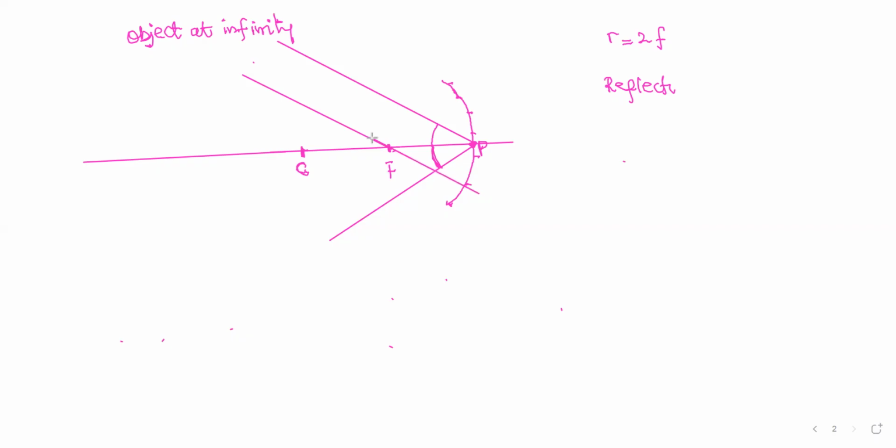And once the ray is passing through F, after reflection, the reflected ray must be parallel to the principal axis.